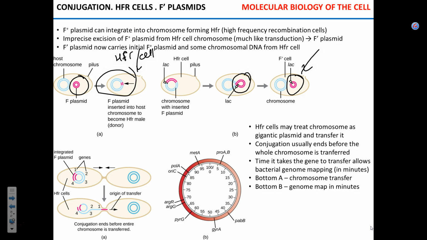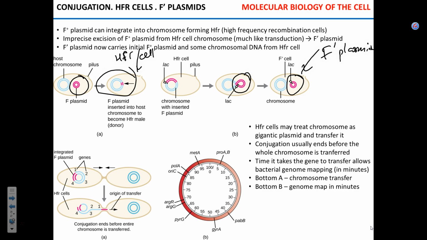This plasmid is still a fertility plasmid, but it's not the same fertility plasmid as before. That's why we call it the F' plasmid. It incorporates in the chromosome, it is excised from the chromosome, and after the excision, it carries over with it a little bit of the bacterial chromosome. It's like somebody stays at a hotel and, when leaving the hotel, picks up a couple of towels. That makes sense?